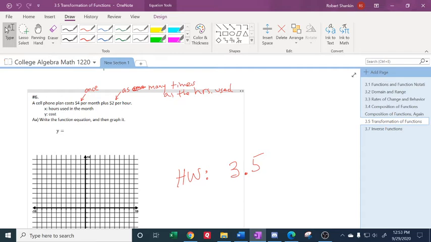Okay, go into your group and type in, not the graph, because that'll take too much time to upload a graph, but just type in your function equation and look at what others in your group are submitting for the function equation.